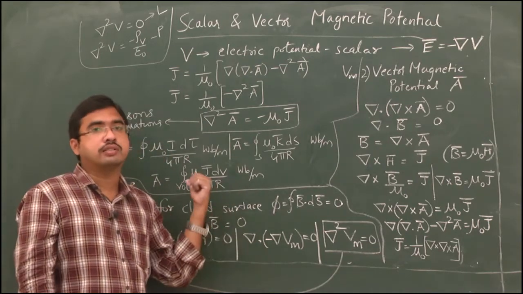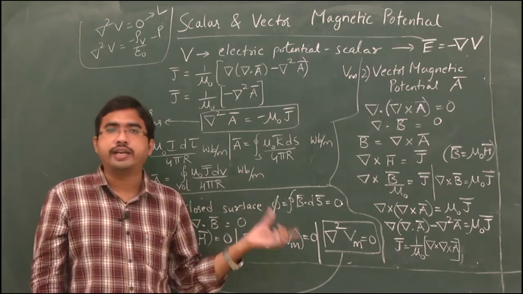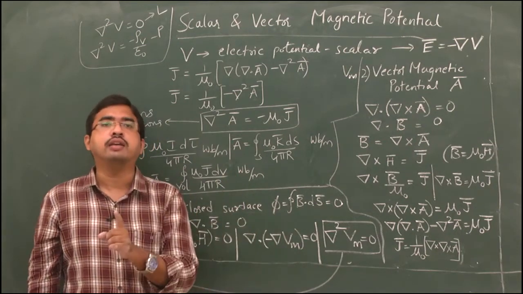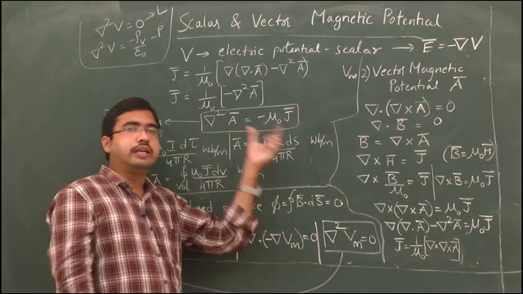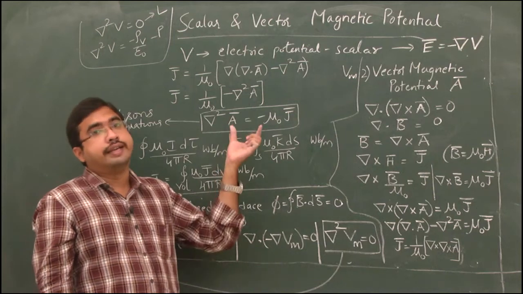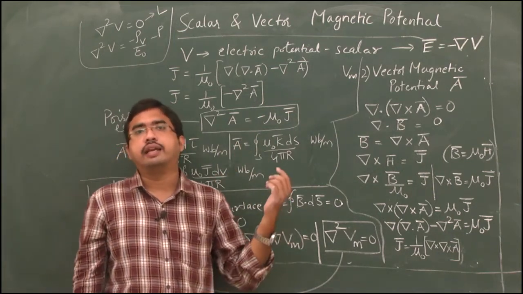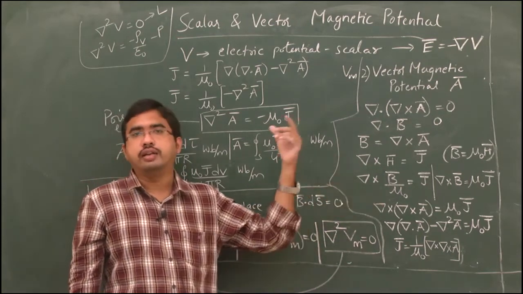Next, for Ampere's circuital law, del cross H bar equal to J bar in point form and integral H bar dot dl bar equal to I, where I equal to integral J bar dot ds bar, in integral form. Next, for conservation of magnetic field, del dot B bar equal to 0 in point form and integral B bar dot ds bar is equal to 0 in integral form.